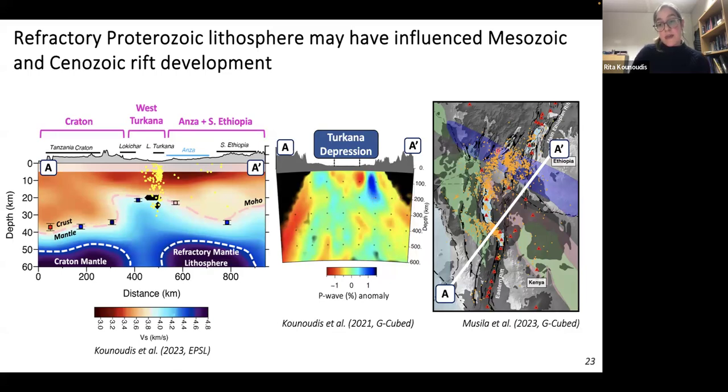So that's suggesting that there may be some rheologically different lithosphere here. So perhaps, again, something refractory, perhaps Proterozoic in age, that may have influenced how both present-day rifting has developed and becomes a lot more distributed, but also how that old Mesozoic phase of rifting developed, because it seems to mark the northernmost edge of it. So that's an interesting observation as well.